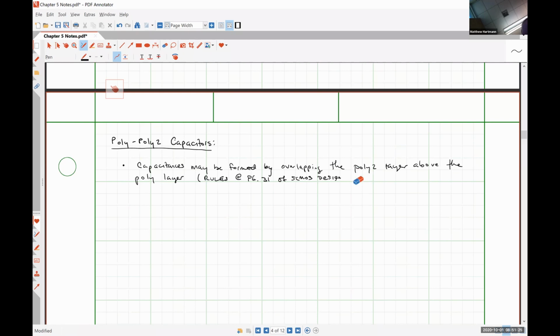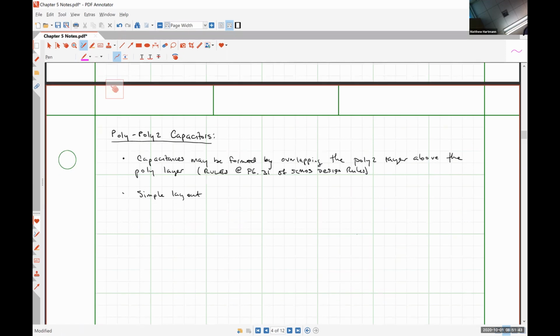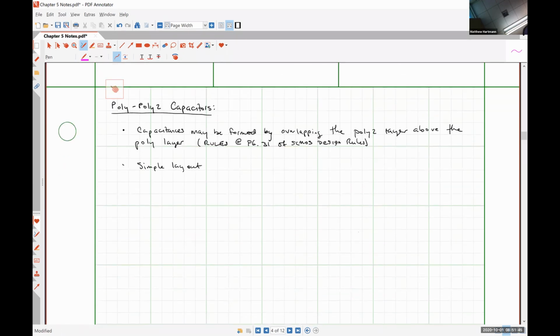A simple layout would look something like this. I've been using pink for poly 1, I believe. So from a layout or top-down view, it might look something like this.